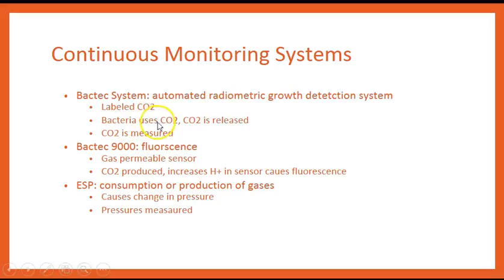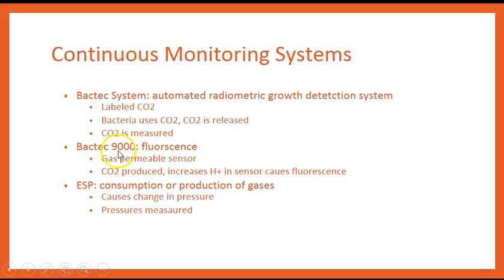When the bacteria use it, the CO2 is released and it's measured. And when the system detects that there's an increase in CO2 in the bottle, then an alarm will go off telling you that a bottle is positive.